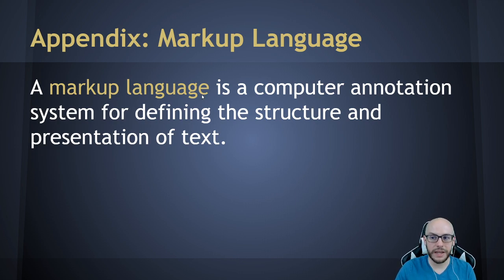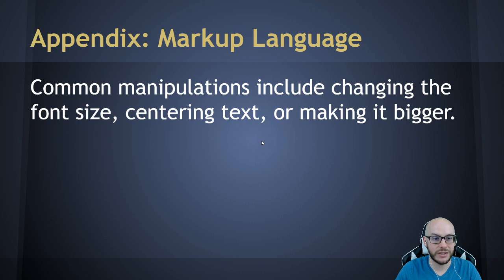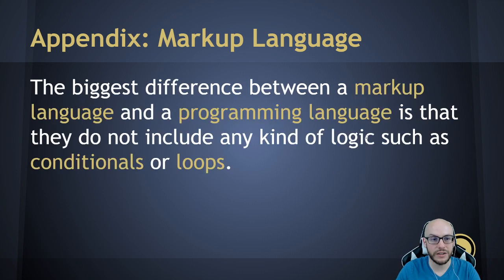As we're going to see with HTML, we're just tagging bits of text. And all that's really doing is defining a structure and changing the presentation of the text. Common manipulations include changing the font size, centering the text, making it bigger, bold, italicized. We're just changing the way that the text is presented, the way that it looks.